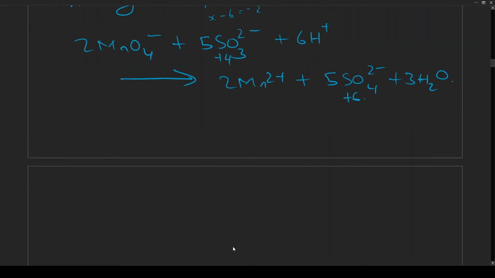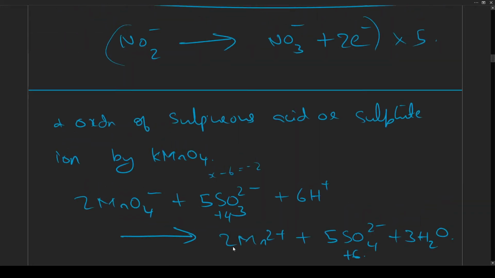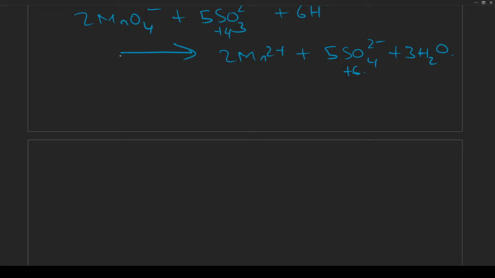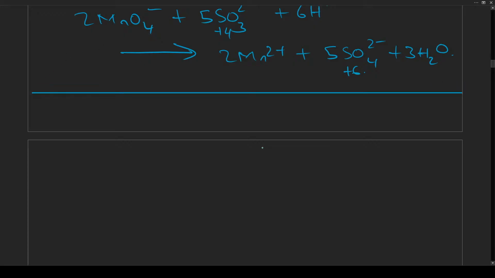Now, these are the acidic medium reactions, with acidified potassium permanganate. In case of neutral medium, we know that potassium permanganate is a strong oxidizing agent in all neutral, basic, and acidic mediums, but the reaction is different.